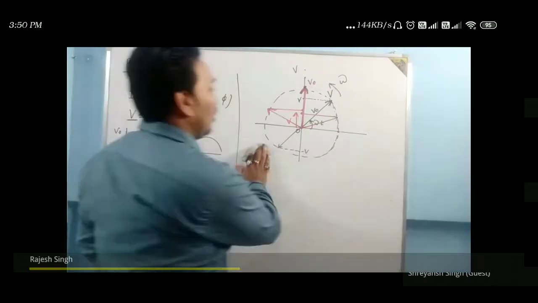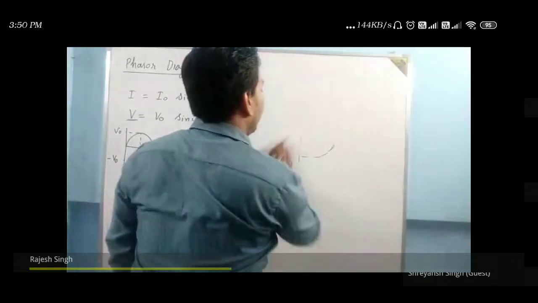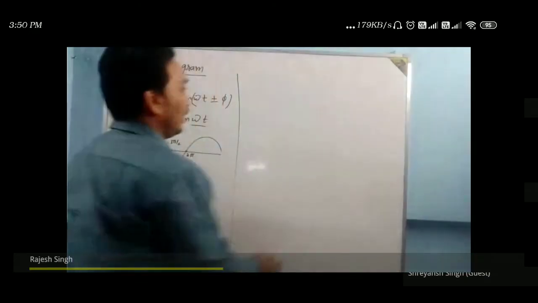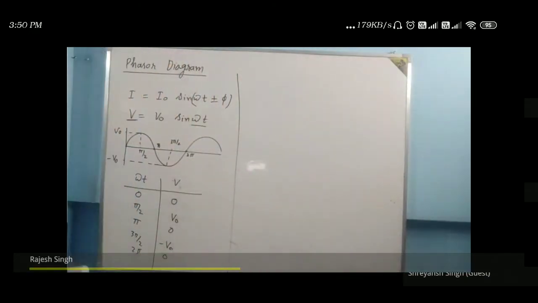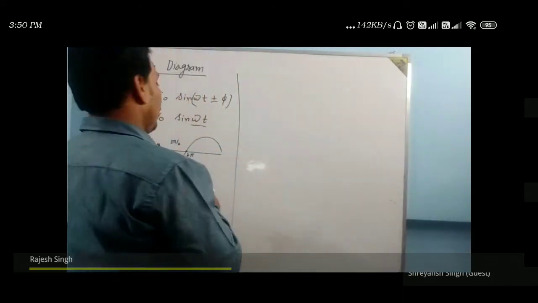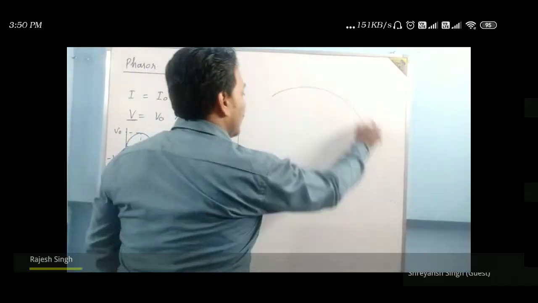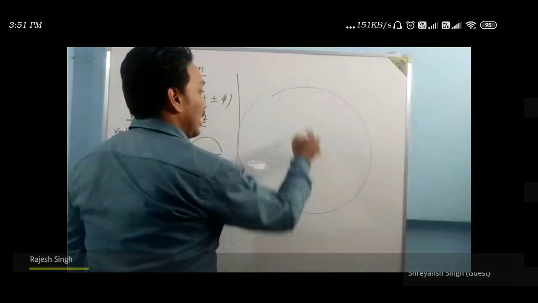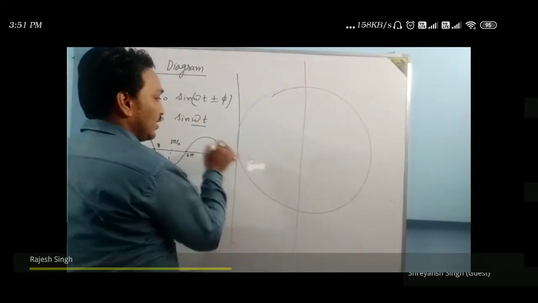And now how does this arrow justify the relation V equals V0 sin omega t? Just see. I am making a bigger diagram so that you can understand.